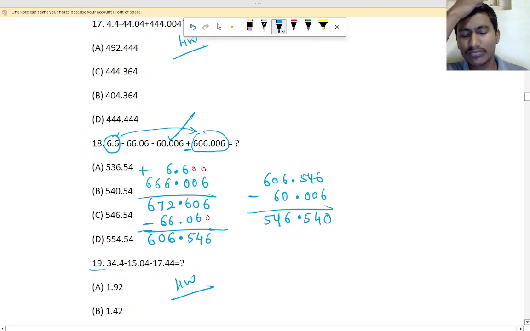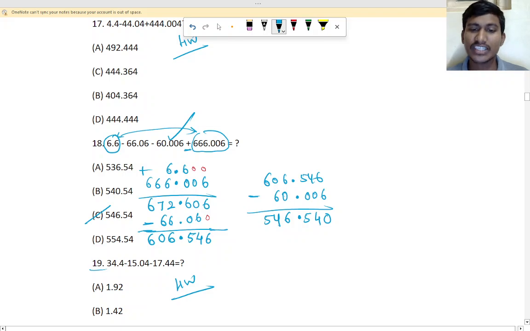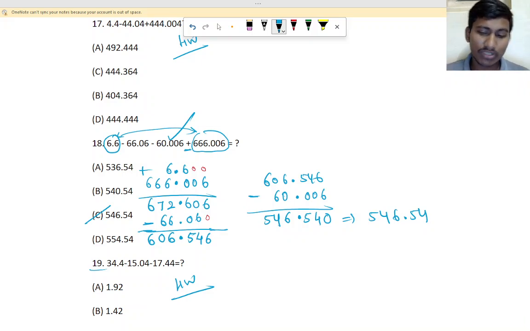So the answer will be 546.54, option C. The 0 we can remove at the end, because 0 at the end of the decimal place means nothing. Understand? So 546.54 will be the answer.